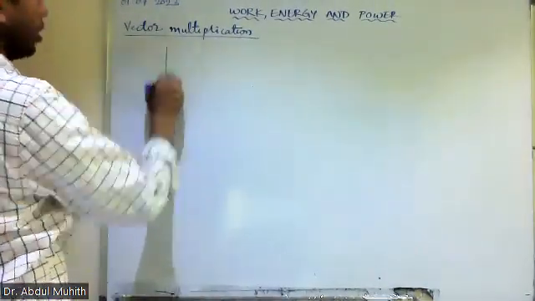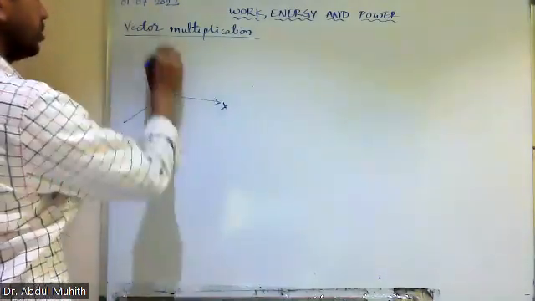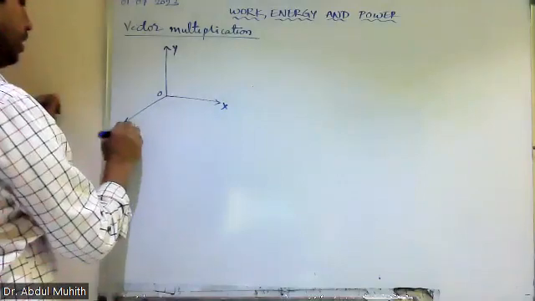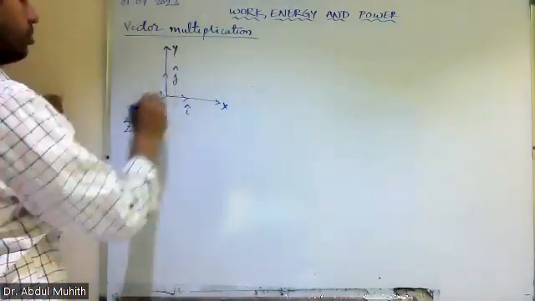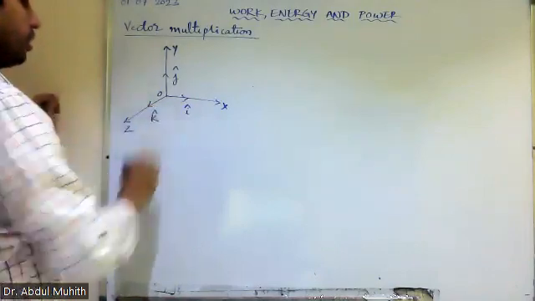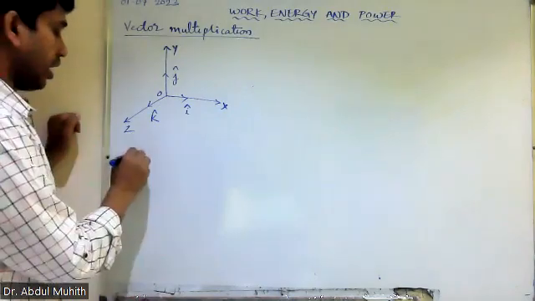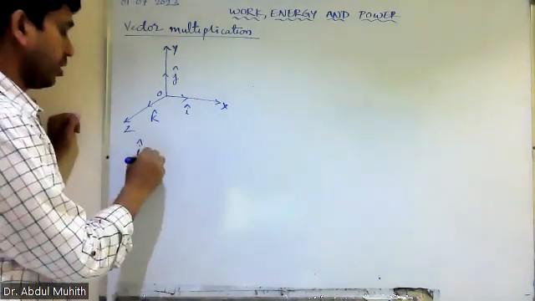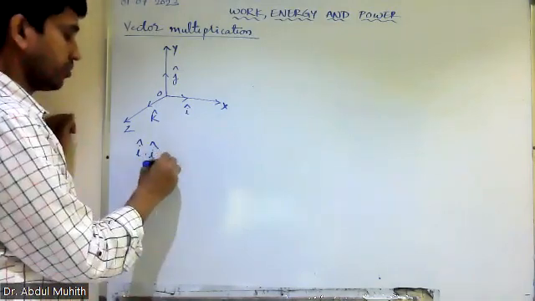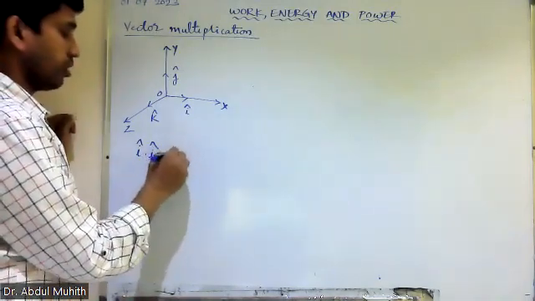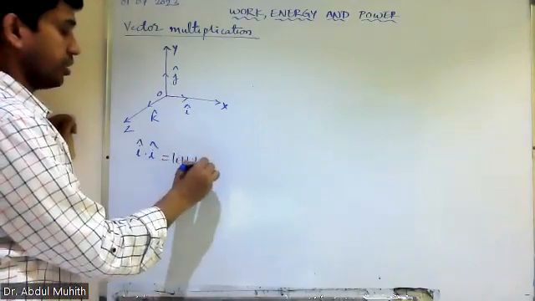See here, again we are drawing this. Origin, x-axis, y-axis, z-axis. This is i cap, unit vector along the x-axis, j cap, unit vector along the y-axis, k cap, unit vector along the z-axis. Now, i dot i means what? i into i cos theta. In simple words, modulus of i times modulus of i times cos 0 degrees.